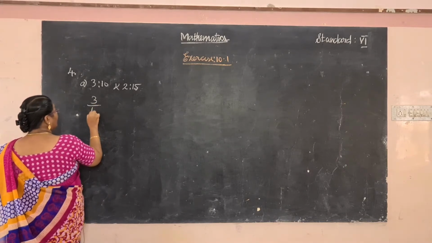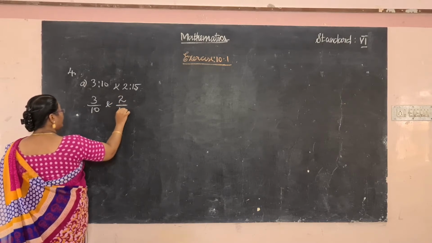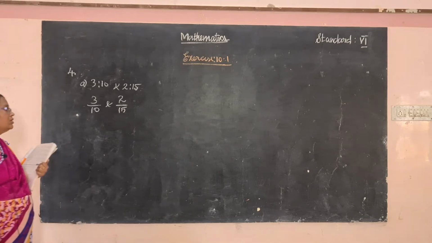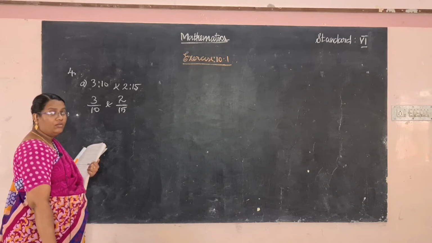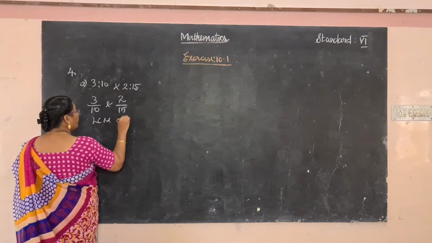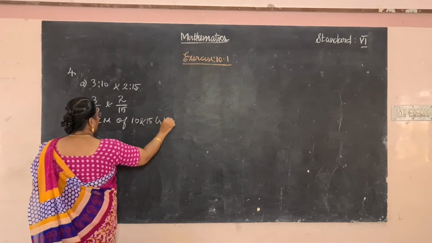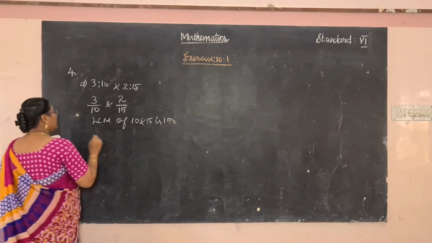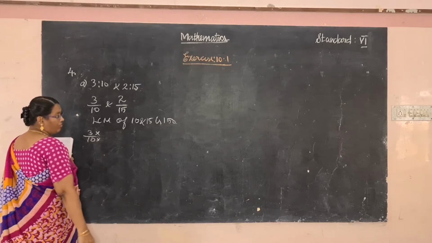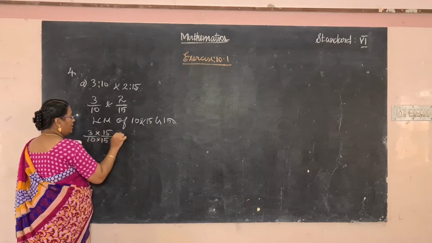So 3 by 10 and 2 by 15. Compare the denominators. Here they are different, so what do we do? Take LCM. LCM of 10 and 15 is 30. Okay, so 3 by 10, which number do we multiply to the denominator to get the value 30? 3. The same number we multiply to the numerator.